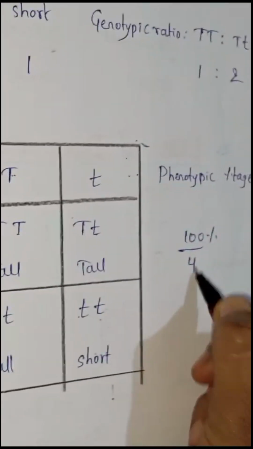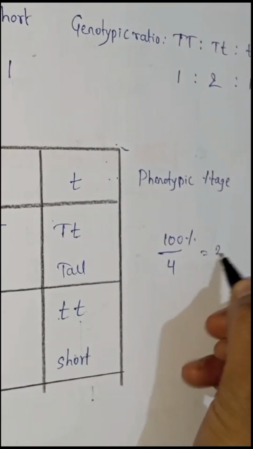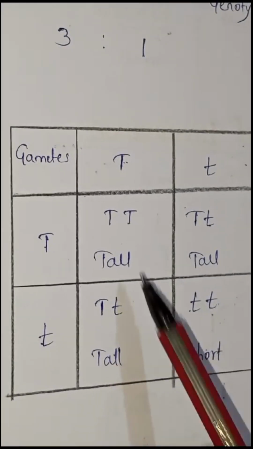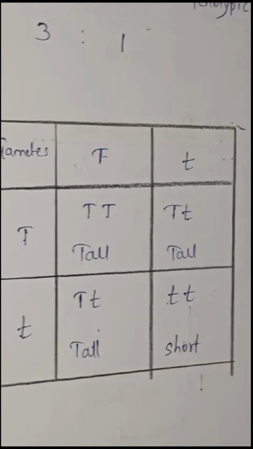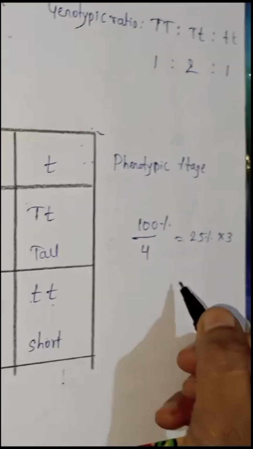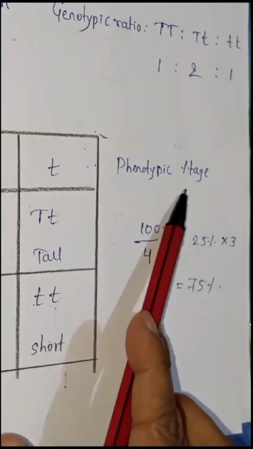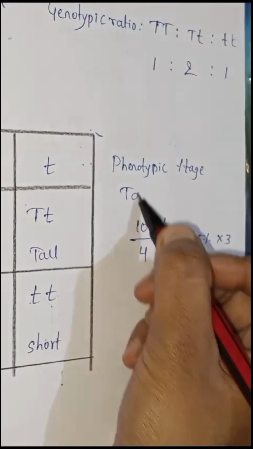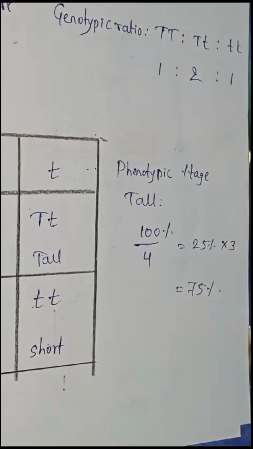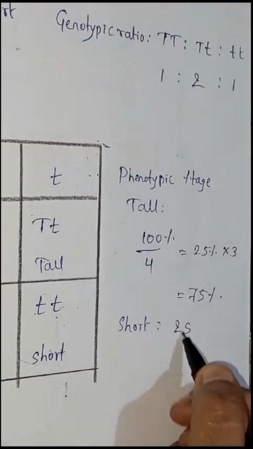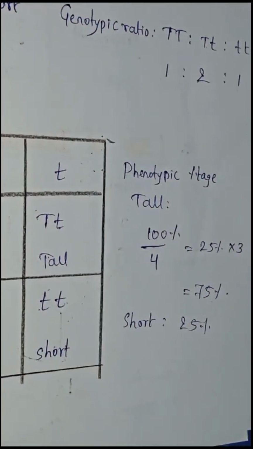So 100 divided by 4 gives us 25%. Now, how many times does tall appear here? In 3 boxes. So 25 multiplied by 3 is 75%. So the phenotypic percentage of the tall character is 75%. Whereas the short character occupies only one box, so it is directly 25%.